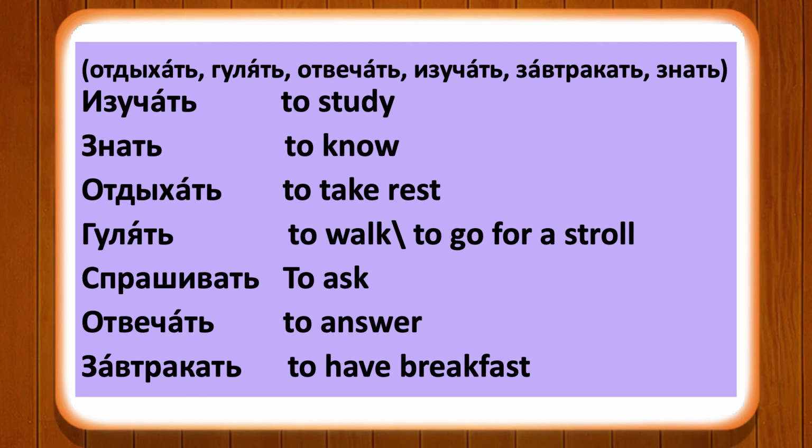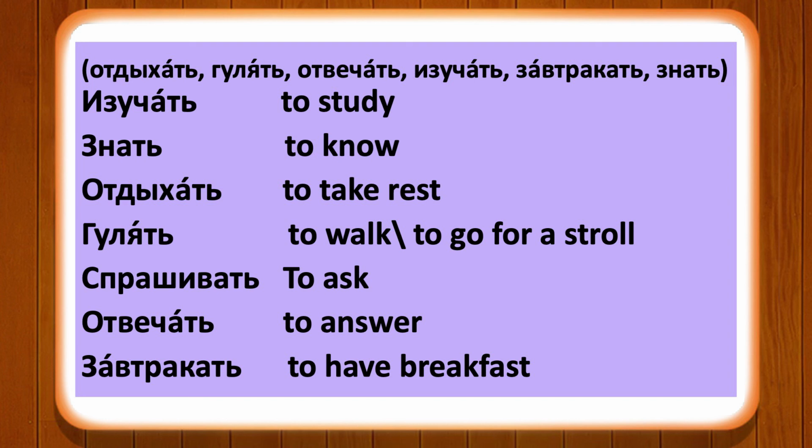I will repeat. Изучать, it means to study. Знать means to know. Отдыхать means to take rest. Гулять means to walk, to go for a stroll. Спрашивать means to ask. Отвечать, to answer.